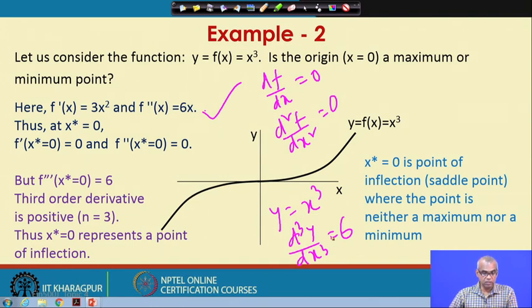So, 3 is odd, that means n equal to 3, it is odd. In the previous criterion of optimality, you have seen that if n is even, then only the point may be minimum or maximum, but if n is odd, it is a point of inflection. So, the point x equal to 0, that is origin, represents a point of inflection. It is neither minimum nor maximum.